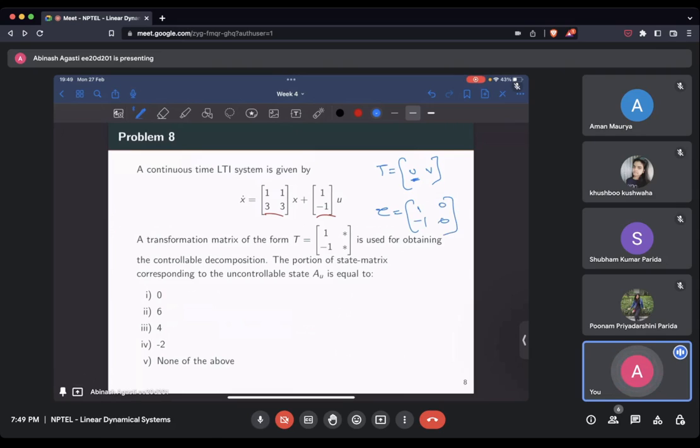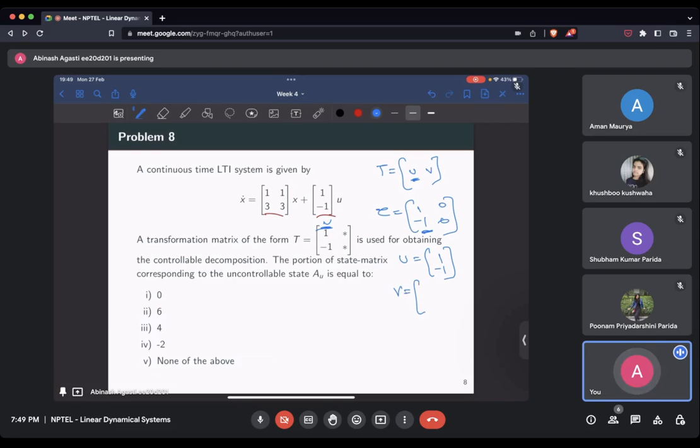So what is the rank of this? 1. So the independent column that we have is 1 minus 1. Right. So you can take U as 1 minus 1, which here we have. Then we have to take some V such that this T is non-singular, right?